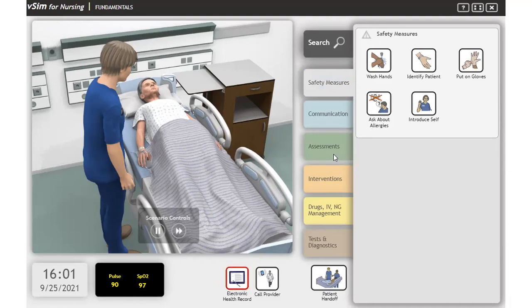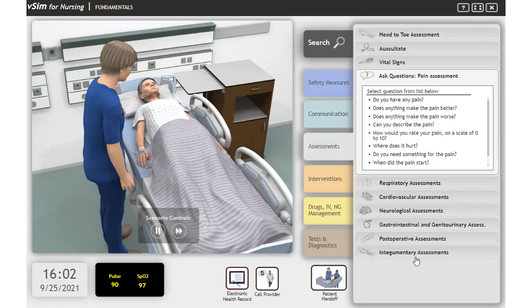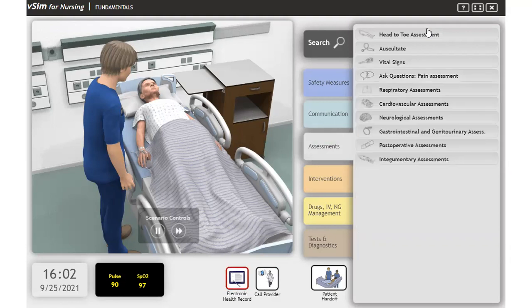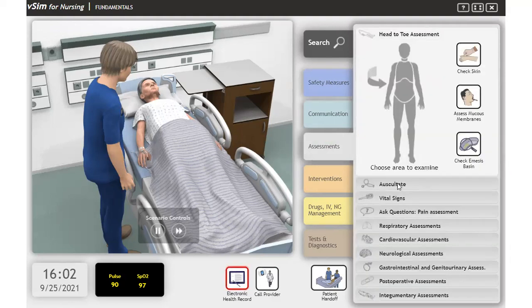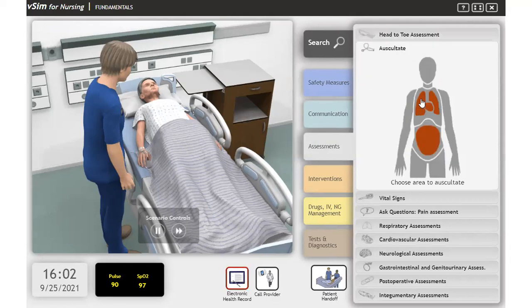Okay, so now I'm going to do a little bit of assessment. I'll go head to toe. We'll listen to her heart and lungs. I need to listen to your lung sounds with my stethoscope.